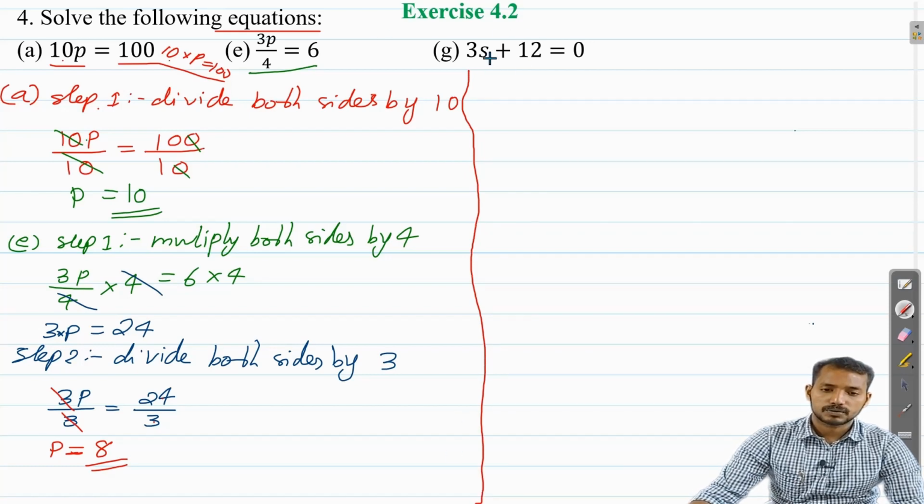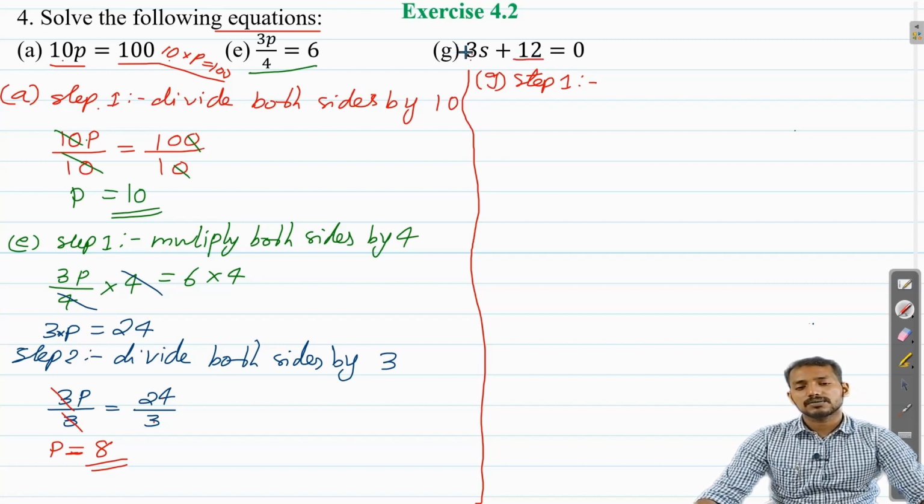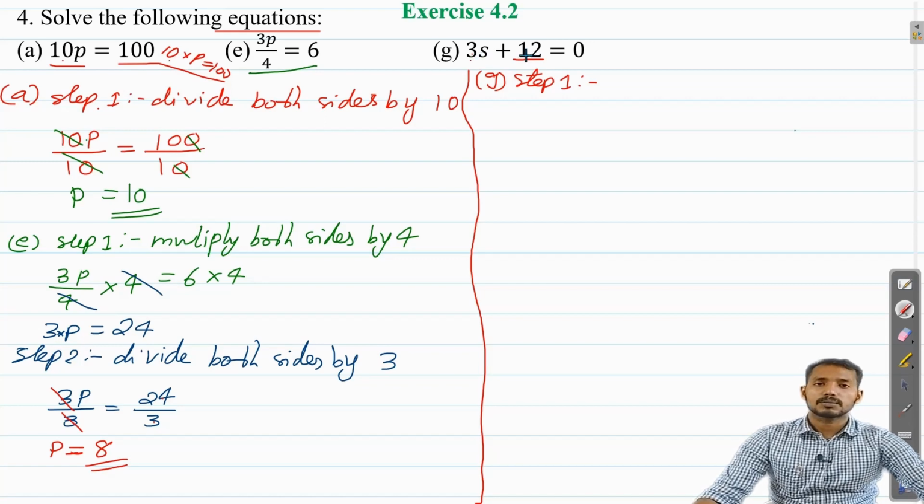Option G. So in case of G, step 1: here 12 is added to the term which consists of the variable. The variable is s. So we need to subtract 12 from both sides.